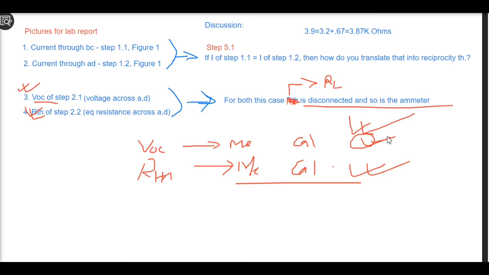As my measured VOC was less than 4.5 volts, I have to find a way to make the circuit so that you can also do the power transfer theorem, because the justification of the maximum power transfer theorem comes from our Thevenin's equivalent circuit, as per our lab manual.